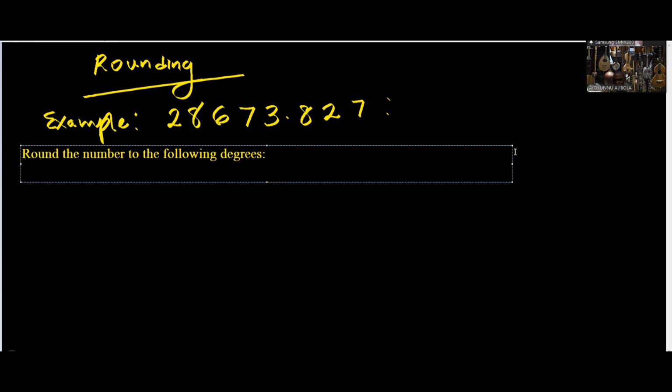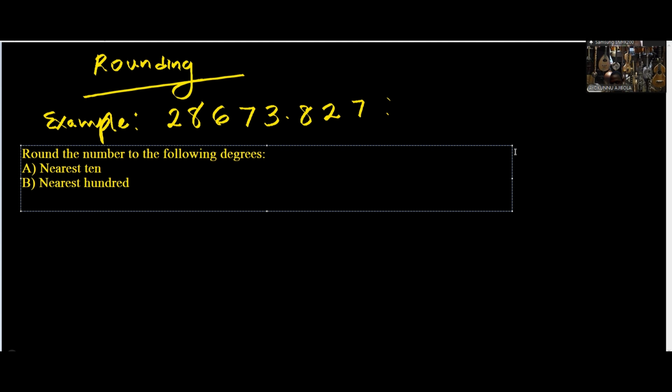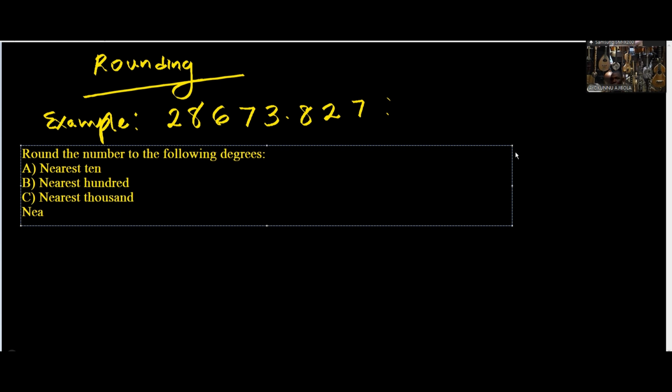The first one will be nearest 10. The next one will be nearest 100. And the next one will be option C, nearest 1,000. Then option D.